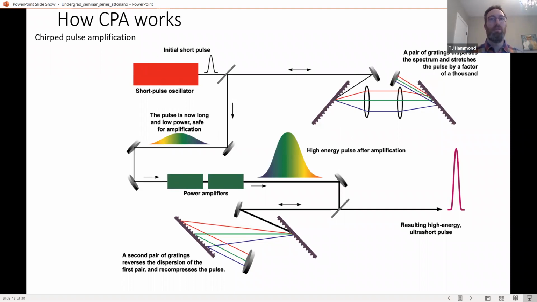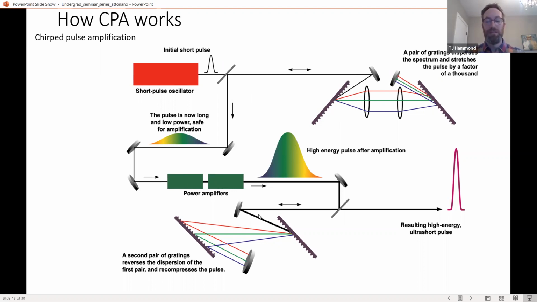If you tried to take out too much energy from this crystal, it would actually break itself, and so you can't run this for very long. So they break this up into multiple steps. They take this weak pulse, stretch it out by 1,000,000 times, and then amplify it by 1,000,000 times, or something on that order. And now this pulse is stretched out and hugely amplified.